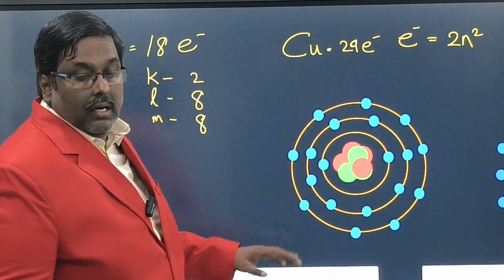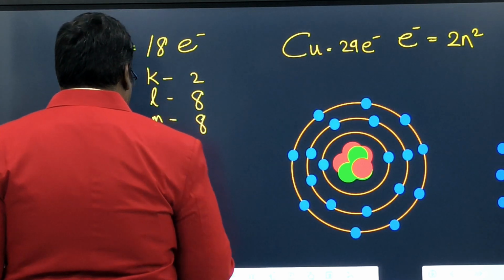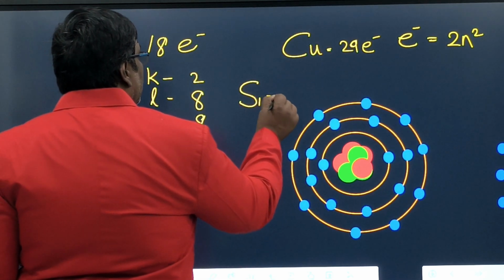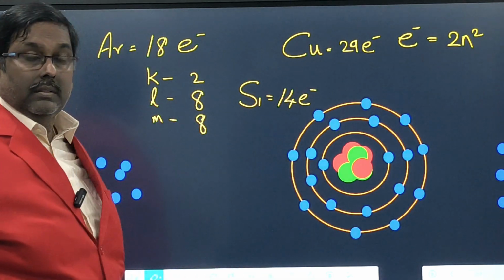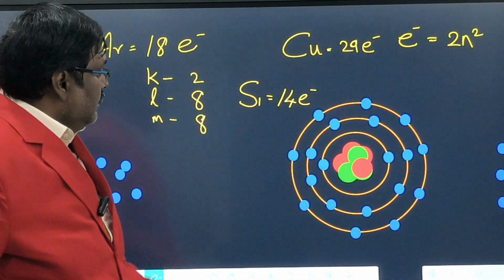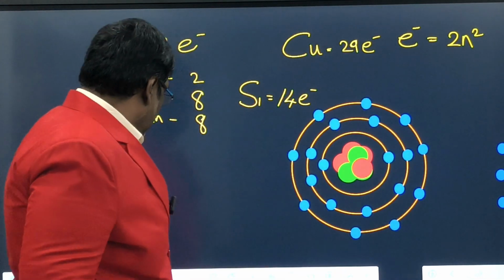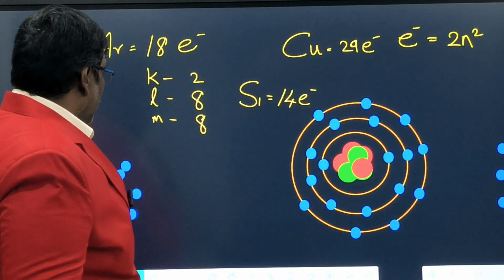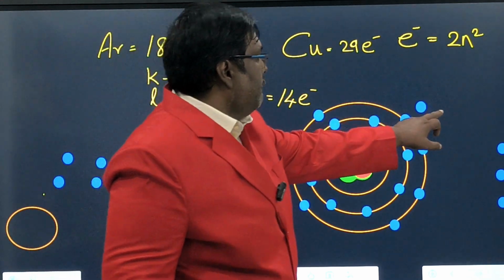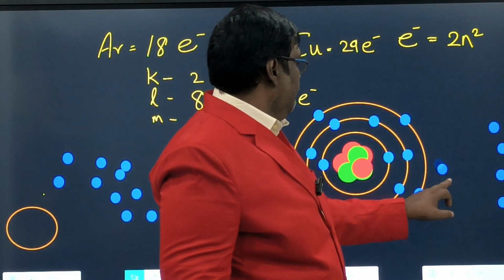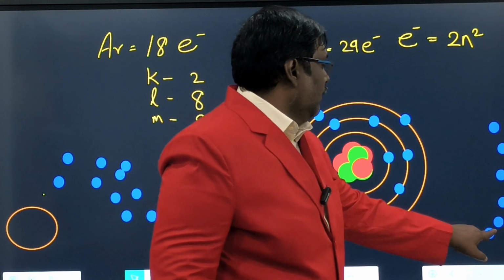So silicon, how many electrons? Remember, silicon has 14 electrons. So we will remove 4 more electrons.